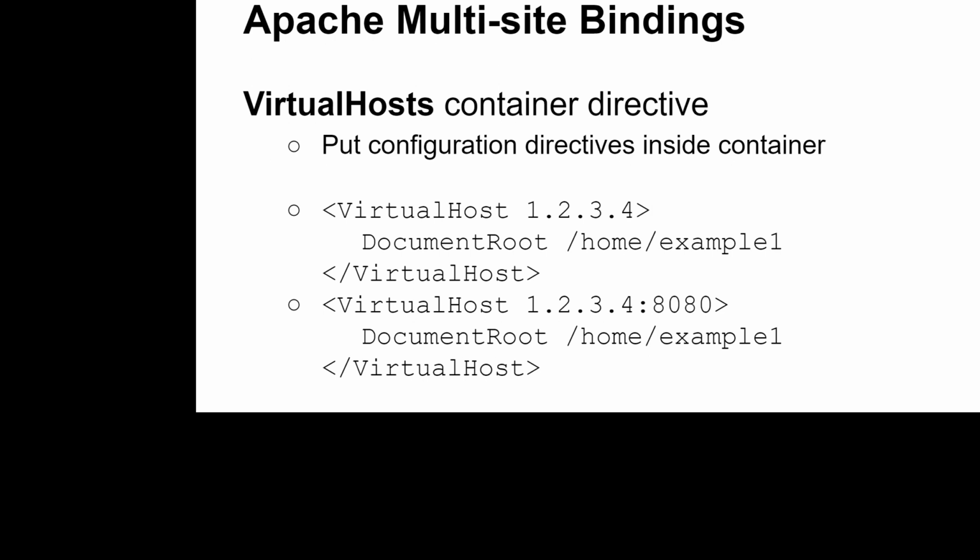I messed this one up. The second container should be the VirtualHost 1.2.3.4, port 8080, and I should have changed this to example2, so that the document root for IP address 1.2.3.4 port 8080 is a different directory than what would be under port 80.